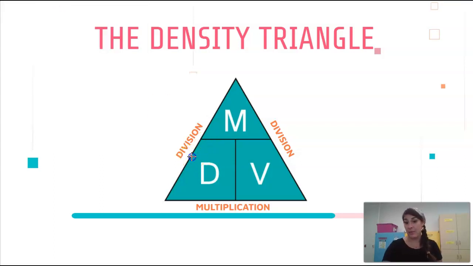So again, if we wanted density, we would cover it up, and that would be mass over volume. Or if instead we wanted volume, then it would be mass over density for that equation. And then again, covering up mass, if that was what we were solving for, we would have density times volume. So again, this little density triangle is super helpful for reworking your algebra.